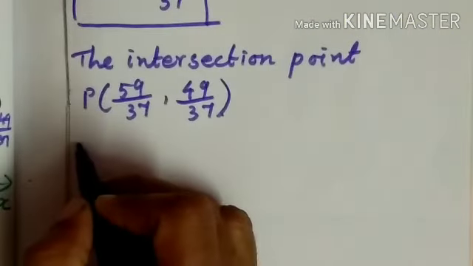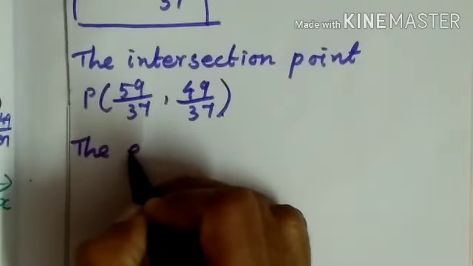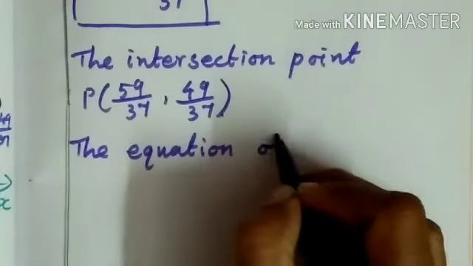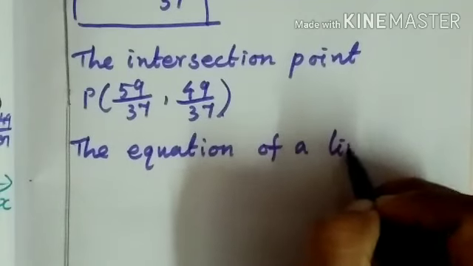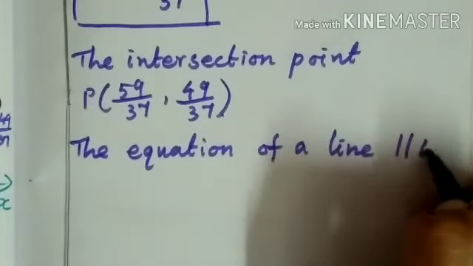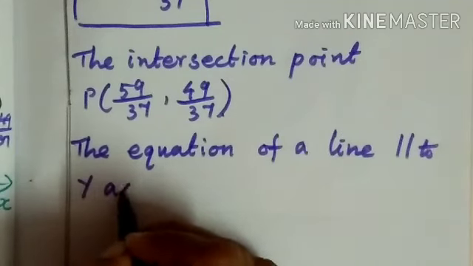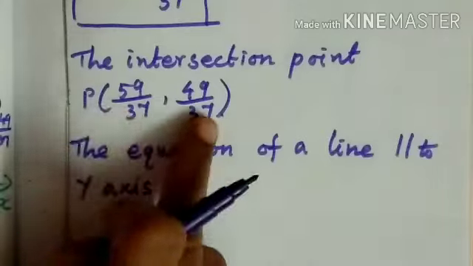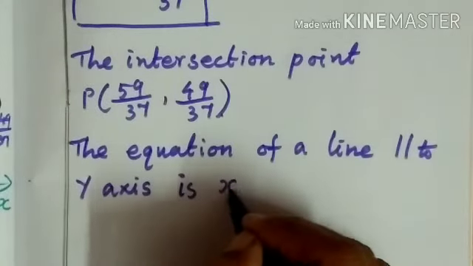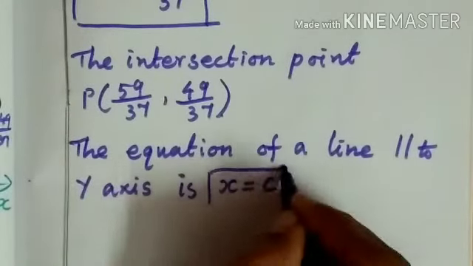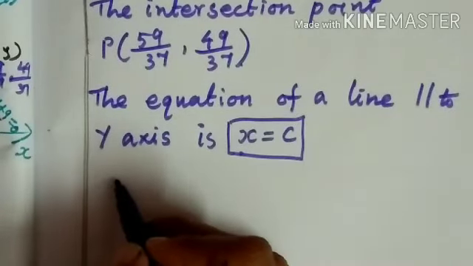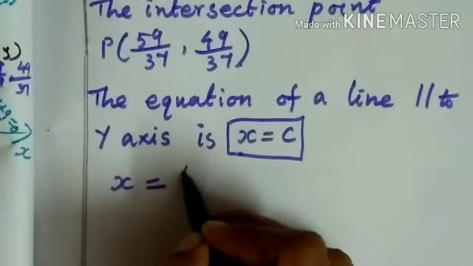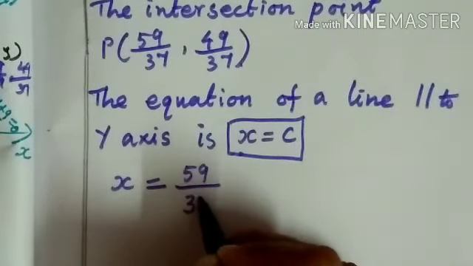The equation of a line parallel to y-axis is, here both the points are positive, so x is equal to c. Therefore, x is equal to, here x point is 59 by 37.